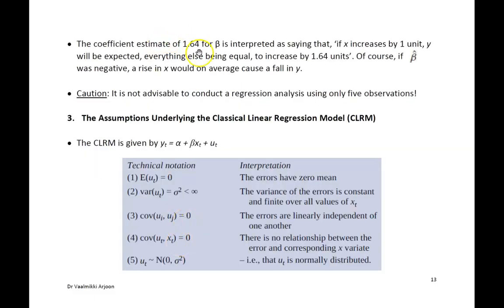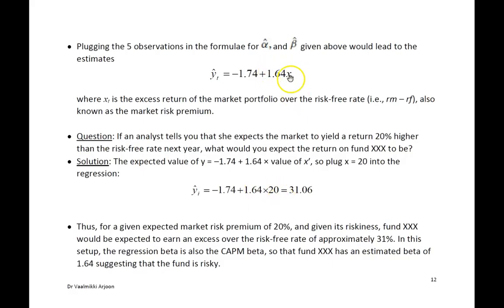Now, the coefficient estimate of 1.64 for beta is interpreted as saying that if X increases by 1 unit, Y will be expected, everything else being held equal, to increase by 1.64 units. If X were to increase by 1, then Y will increase by 1.64. That's what the regression equation tells us.